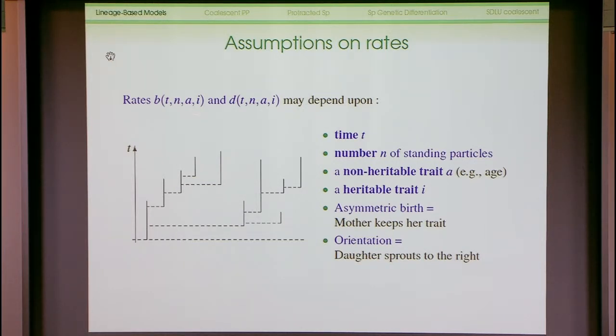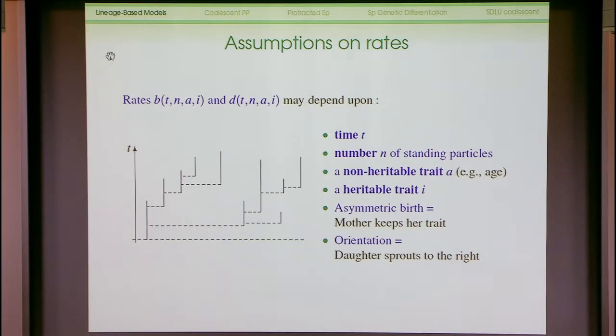The rates here, the birth rates and death rates, may depend on time t, they may depend on the number n of standing particles. So when they do depend upon this number, we speak of density dependence in population dynamics, and in this context we speak of diversity dependence.